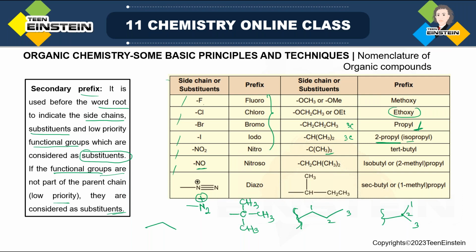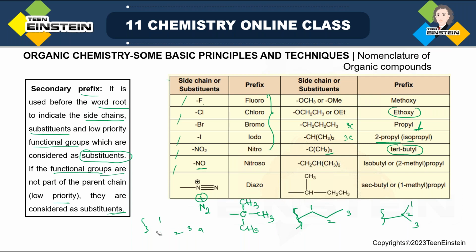Suppose normal 4 carbon in a straight line, 1, 2, 3, 4. In this case also 4 carbon but with branching. So in this case we will use the term tertiary butyl. If it is in a straight line, then it will be called butyl. But in this case it is tertiary butyl.